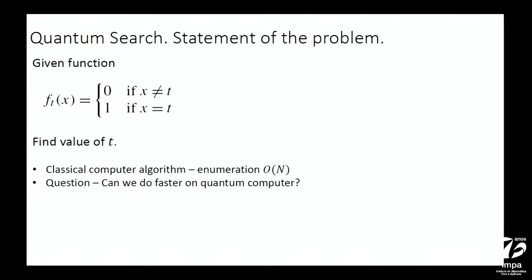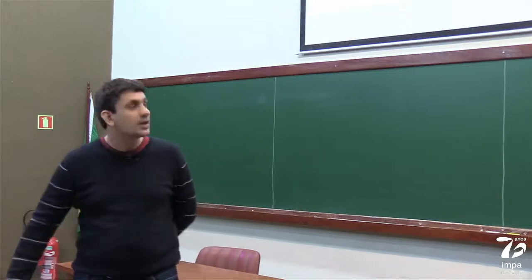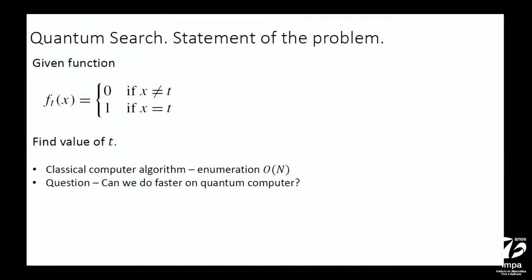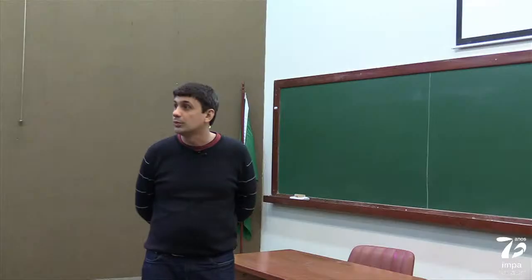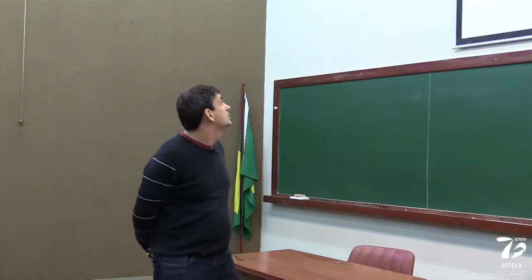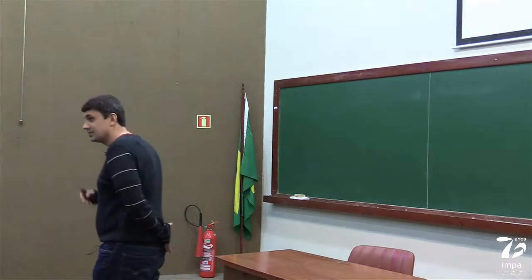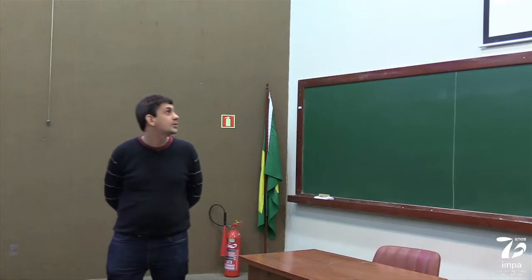So, the setting of the problem. Assume that we have a function which goes from integers to 0 and 1, and it is 0 everywhere except one of the values, and 1 at this particular value.